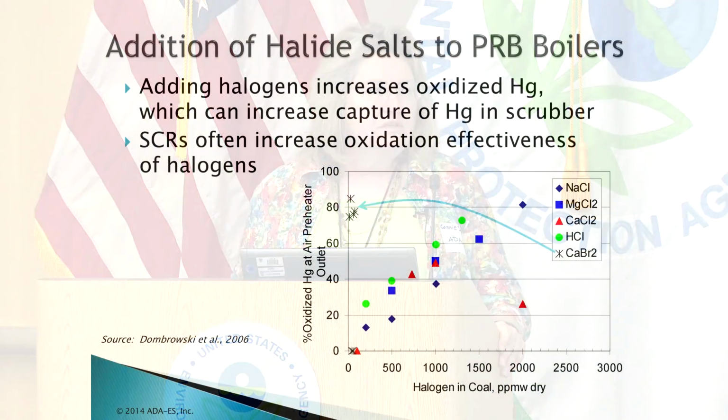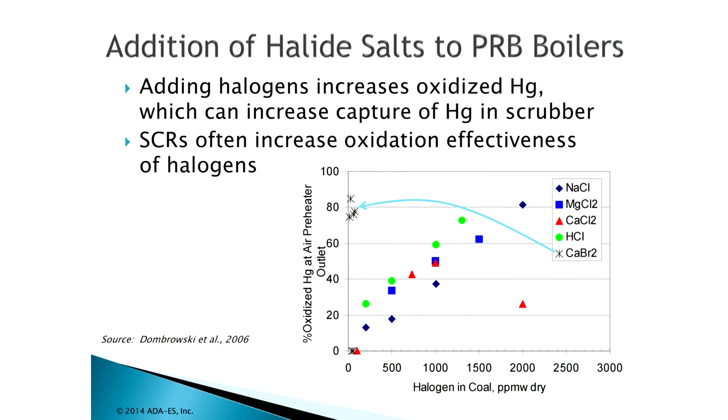You can also add additional halogens to the fuel, and this shows some information from some studies on Powder River Basin subbituminous coal-fired boilers. Powder River Basin coal is very, very low in chlorine and tends not to have a lot of oxidized mercury.